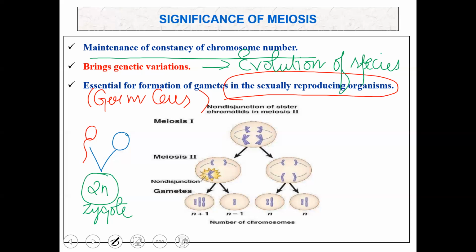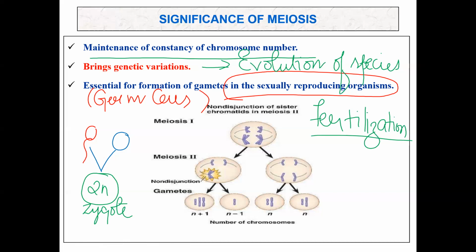That is why the variations occur, and new combinations are formed during daughter cell formation. Lastly, it is essential for the formation of gametes in sexually reproducing organisms, which will undergo fertilization. So fertilization and sexual reproduction are the two important processes associated with meiotic division.